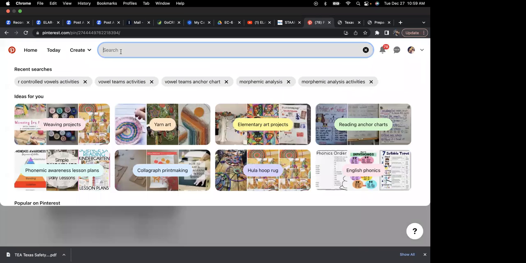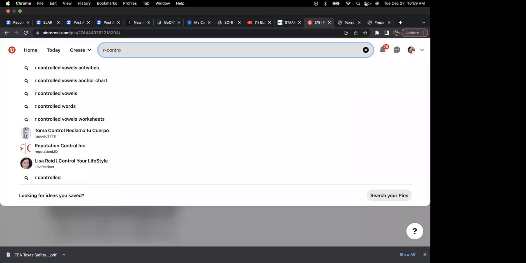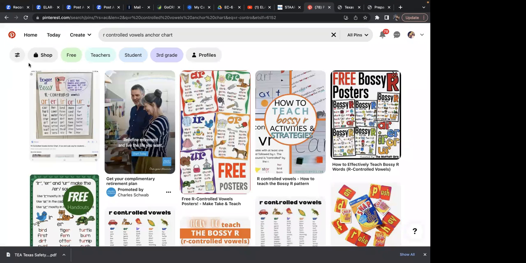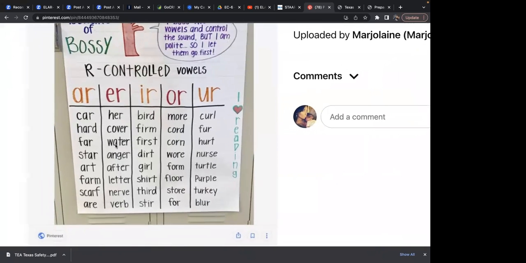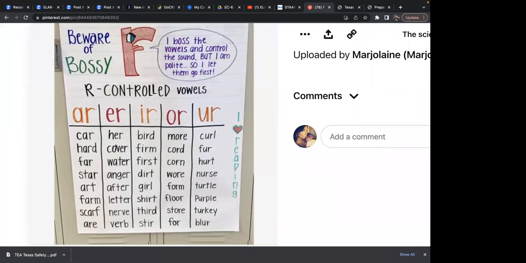Let's look at R controlled anchor charts. So bossy, beware of the bossy R. I boss the vowels and control the sound, but I am polite, so I let them go first, even though I control the whole sound.